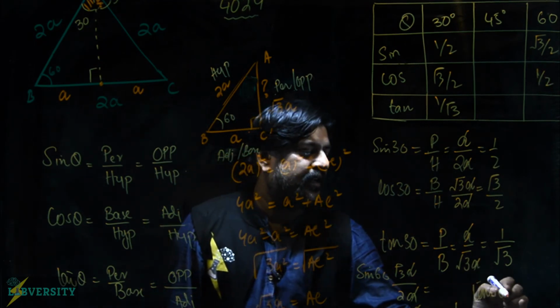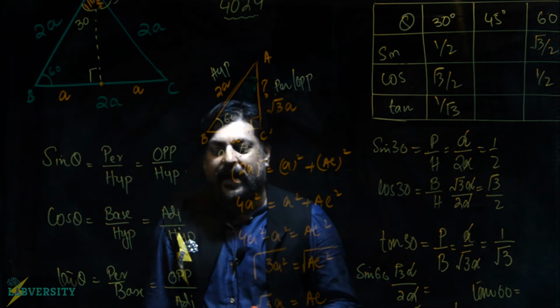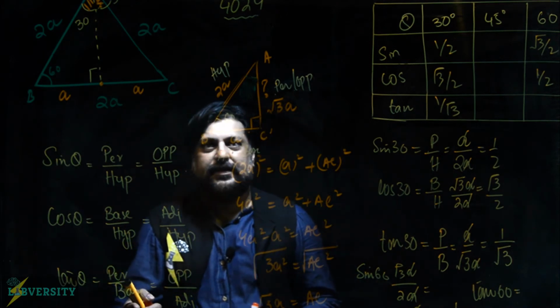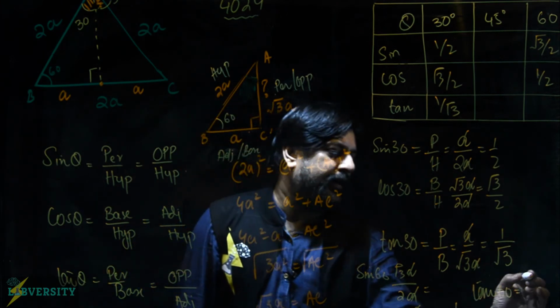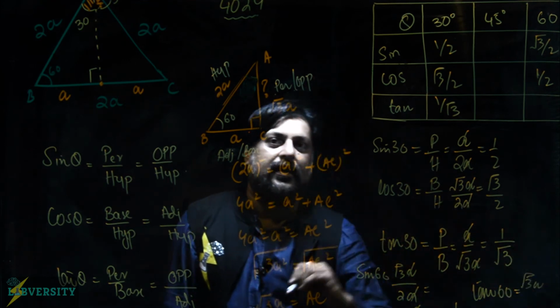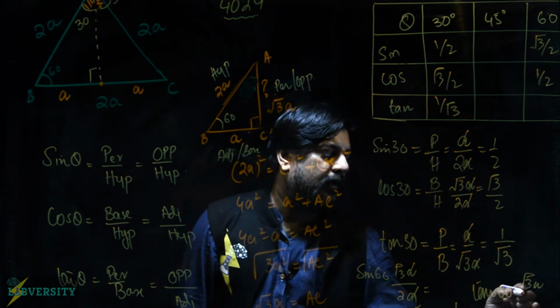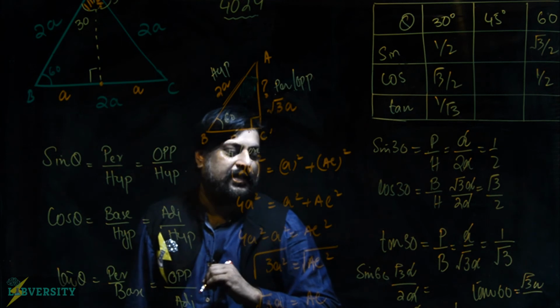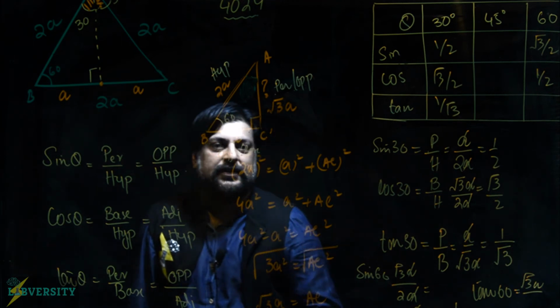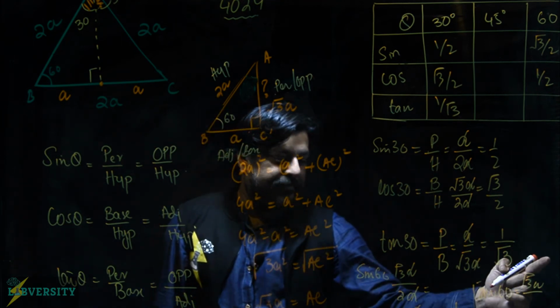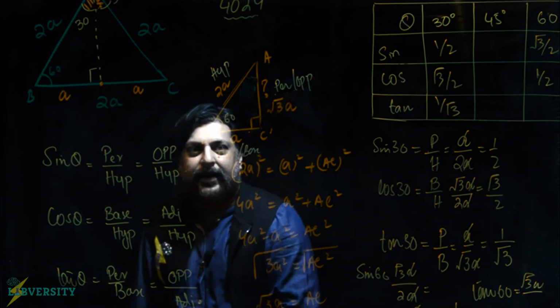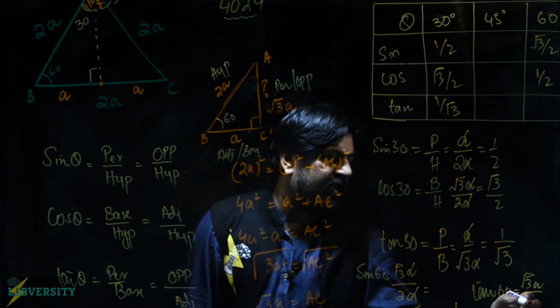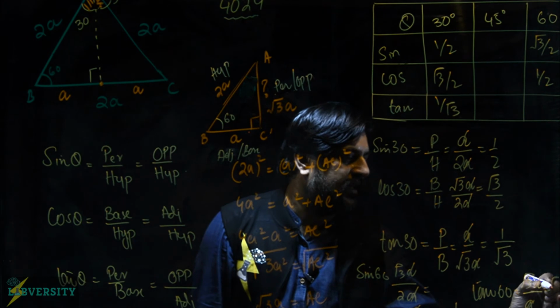Tangent 60 is perpendicular upon base. Perpendicular is root 3 A and our base is A, so tangent 60 is root 3.